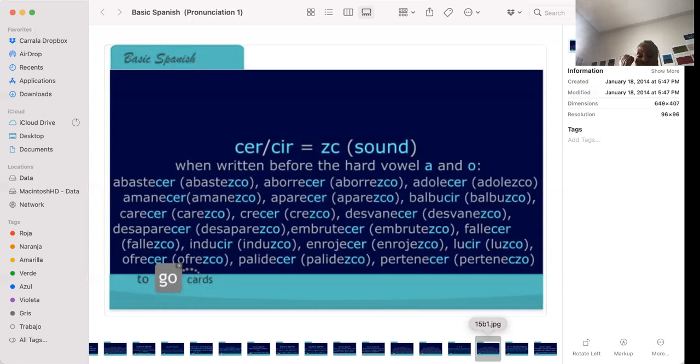When you're talking about the yo form, because the yo form is with the O, a hard vowel. The command form for usted, ustedes, and the negative tú, followed by a hard vowel.